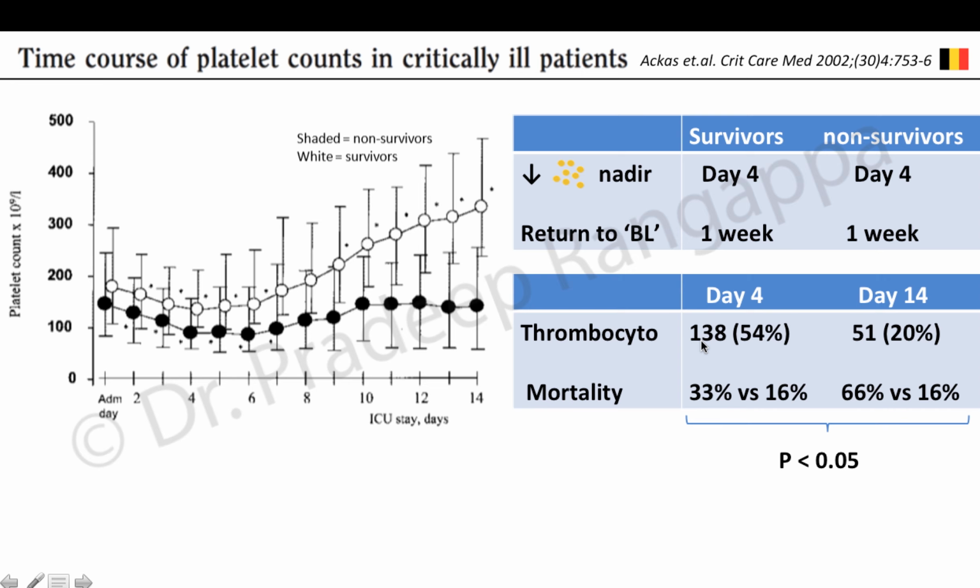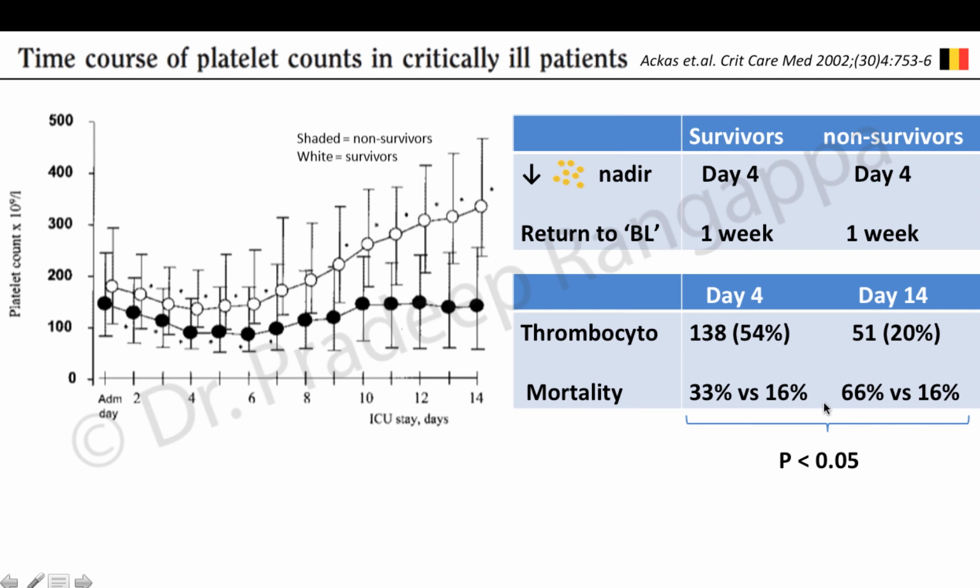But when you look at the survival, at day 4 thrombocytopenia was around 54%, and at day 14 platelet recovery tends to happen, and thrombocytopenia was 20% at day 14. When you look at the mortality at day 4, in patients who had thrombocytopenia versus patients who did not, the mortality was higher, 33% versus 16%.